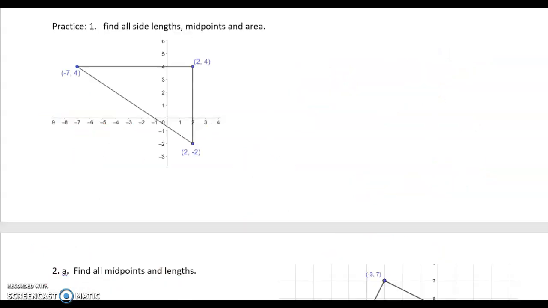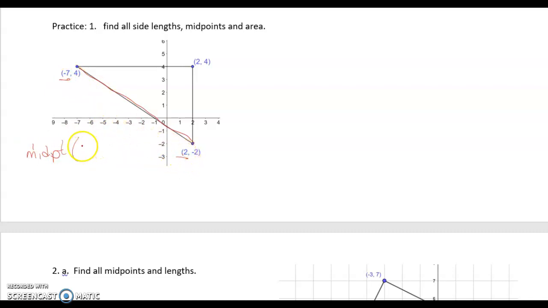We'll just do the oblique one for this. So we're going to find just one, and I'll have you do the rest. If we find the oblique, in other words, we're going to look for this. Let's find our midpoint first. So the midpoint will be average x, so -7 plus 2.